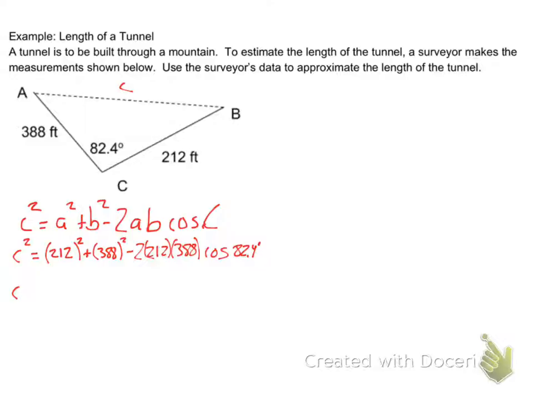What happens to be 212 squared? See it? Right, it's the only one I remember. Plus, what's 388 squared? 544 minus, what's 2 times 212 times 388?